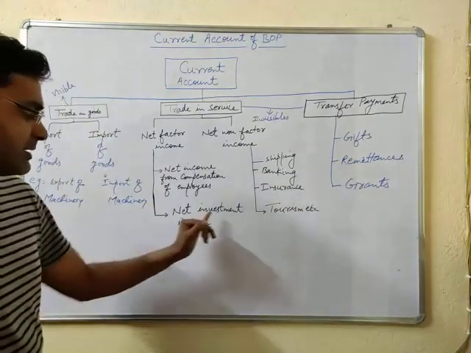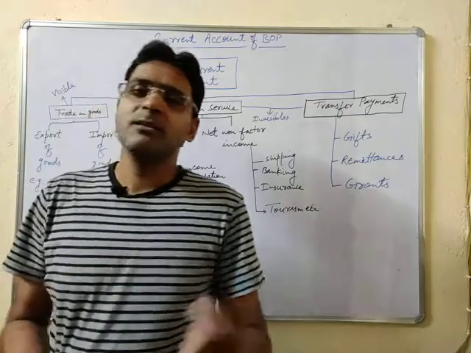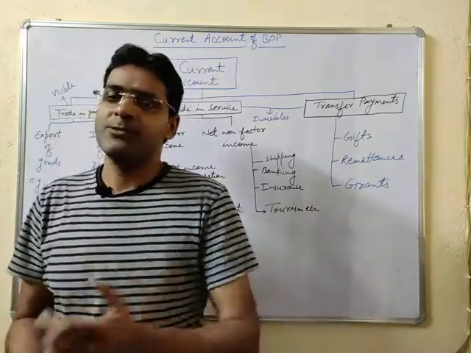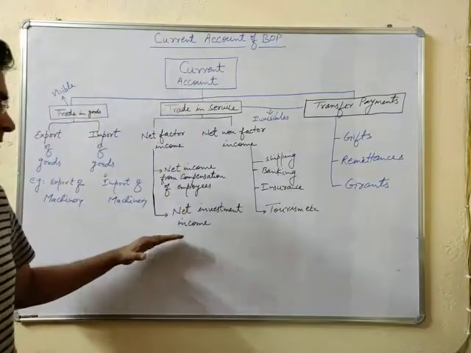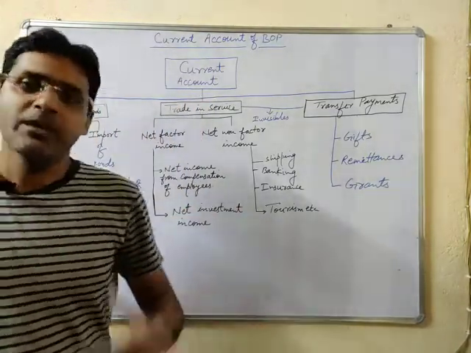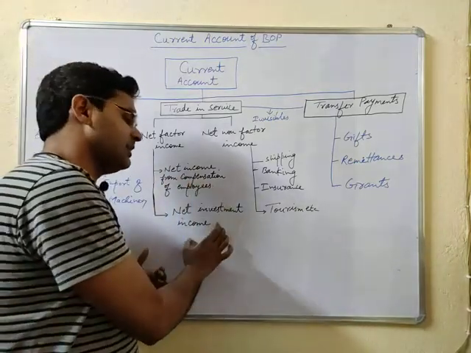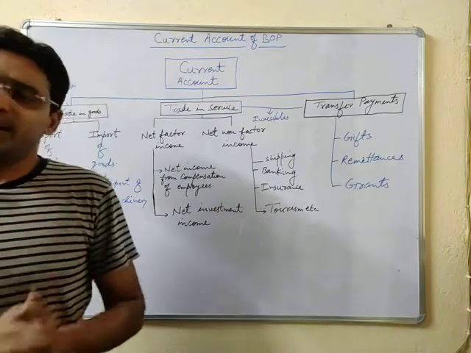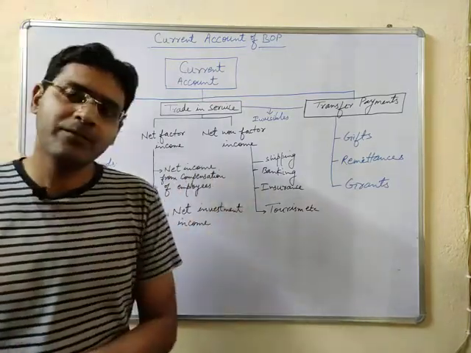The second part is net investment income. Investment income comprises interest, rent, dividend, profit. So this will be included under net investment income. As I have told you, it will be entered under the credit side because investment will generate income.